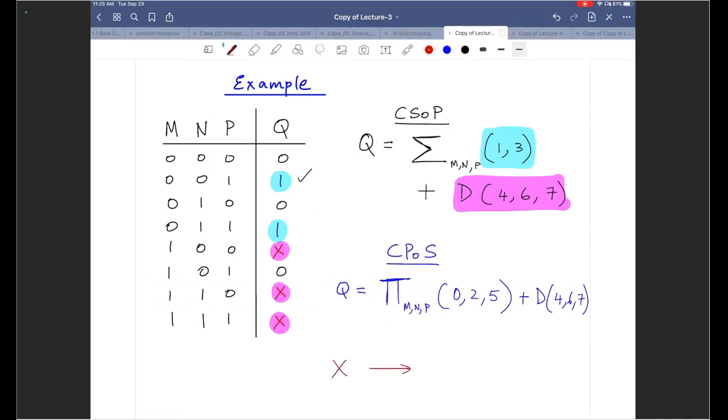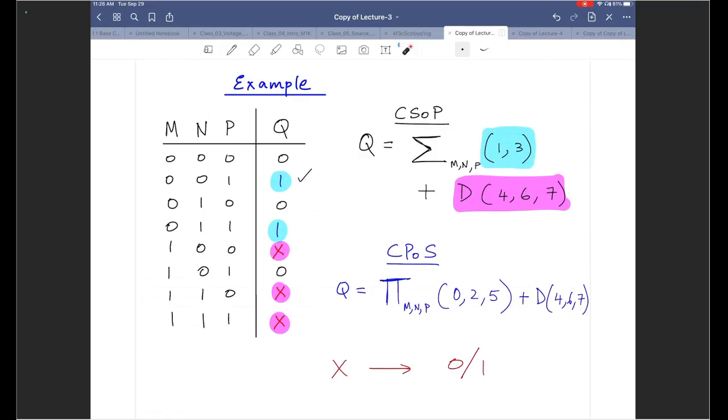It means it could be a 0, it could be a 1. So the addition is just for don't care terms, and that's how they write it. So it's a standard notation thing.